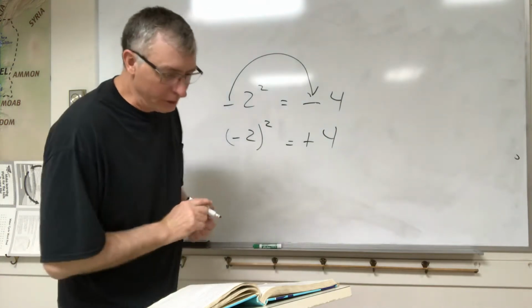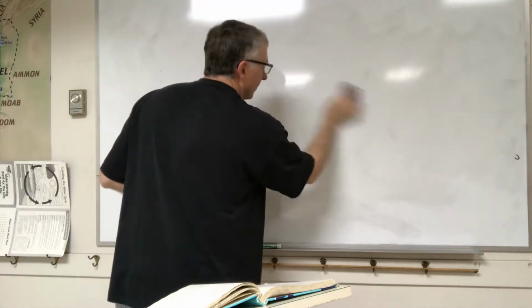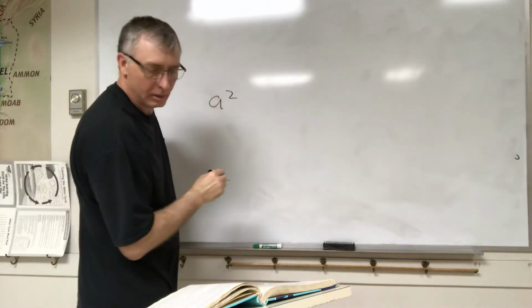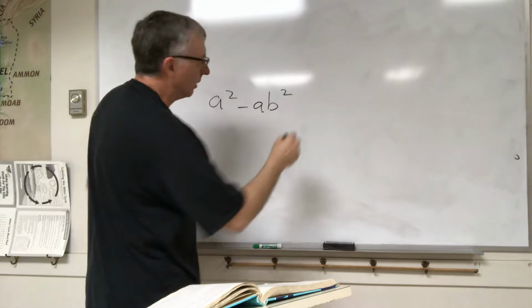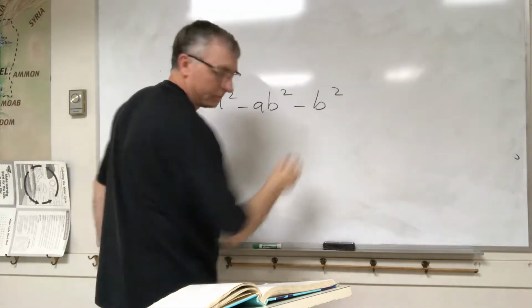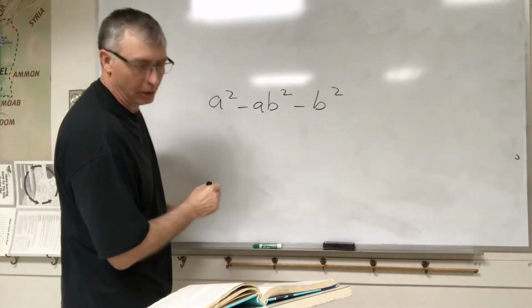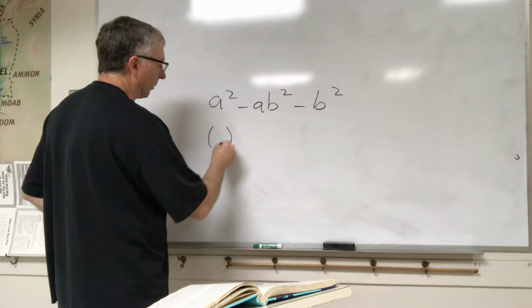Okay, so let's go to 95a2. A squared minus ab squared minus b squared. If a is a negative 2 and b is a negative 3, okay? So if a is a negative 2, right, then I'm going to write it like this.